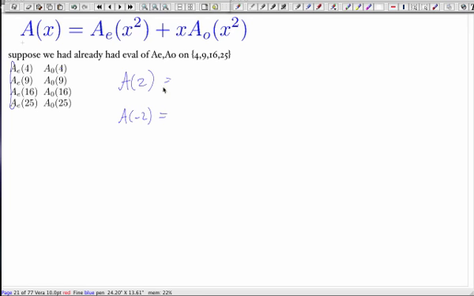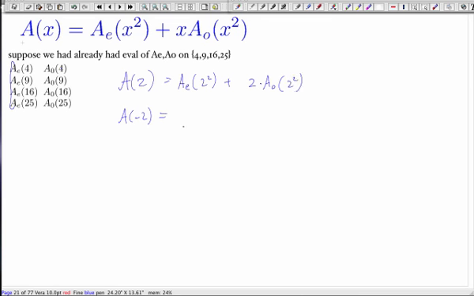I hear that if you just substitute this into that blue equation, you see that A of 2 should be A even of 4, because this is 2 squared, plus 2 times A odd of 4.